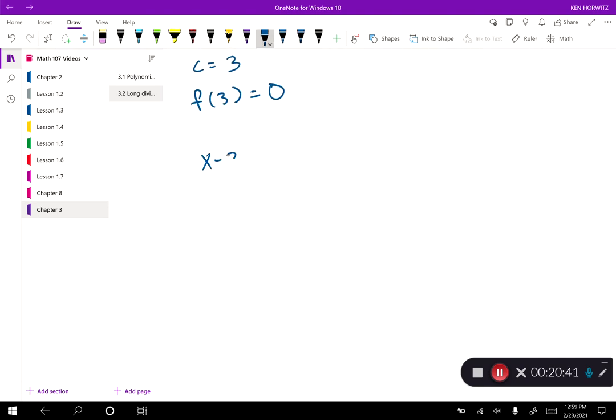We have x minus 3, and on the inside I have x cubed plus 5x squared minus 12x minus 36. And now it's time to do some long division. So why don't you pause the video, do the long division, and when we get back, we'll check our work.